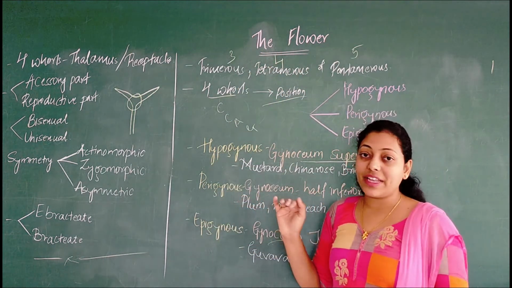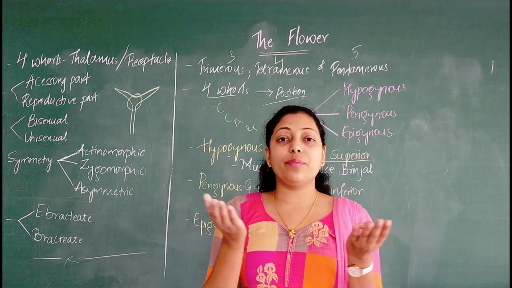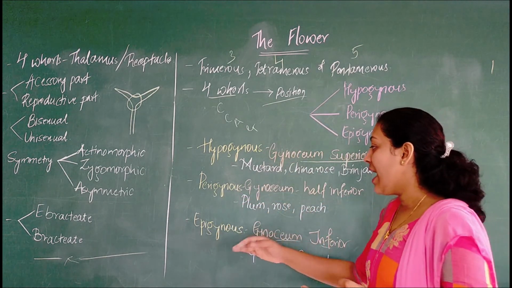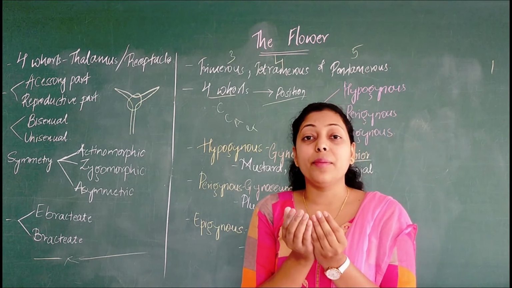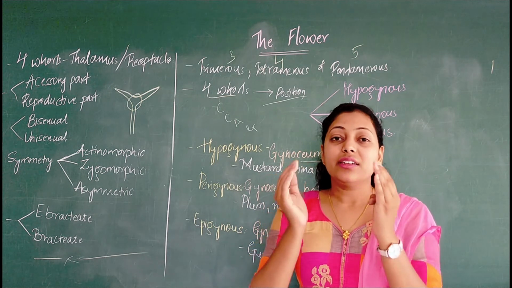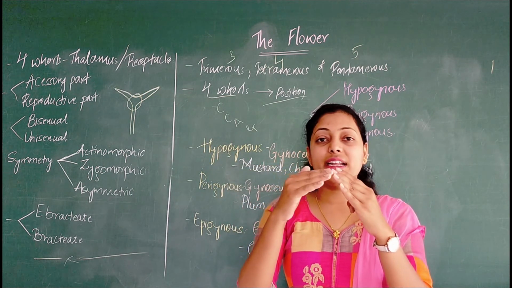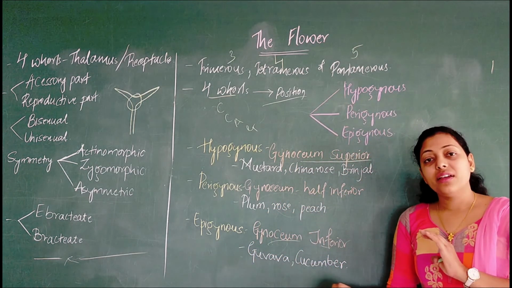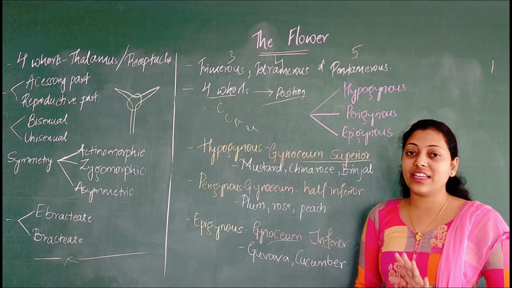Then perigynous, wherein the ovary is at almost equal position to the calyx, that is, half inferior ovary is seen. And then epigynous, wherein the ovary is totally in the basal-most region, because calyx has terminated towards the terminal ends of the receptacle. The thalamus is extended to form the circular enclosure. In this class the flower is epigynous, that is gynoecium is inferior in position.